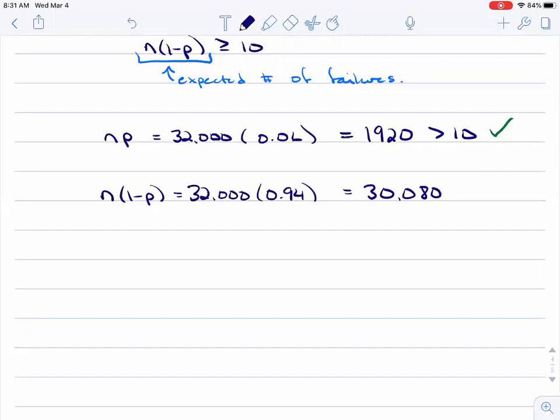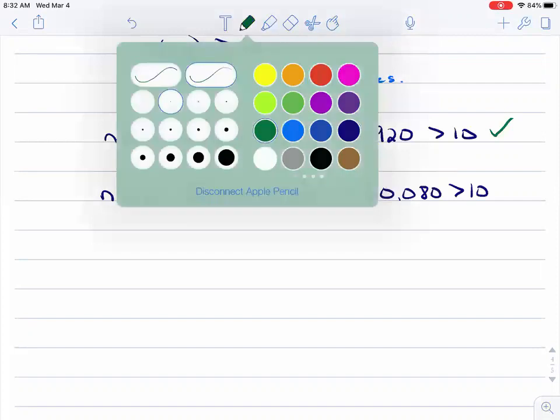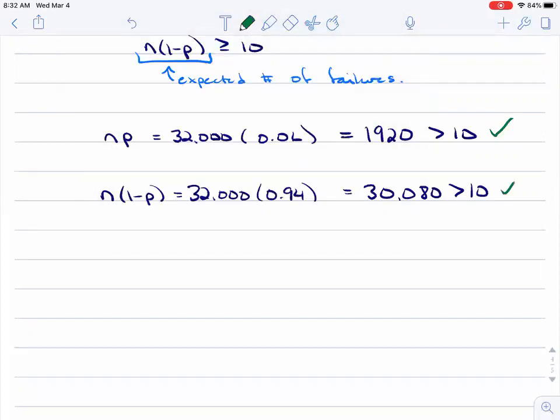Notice that the number of successes plus the number of failures has to equal n, right? That just makes sense. So however you arrive at the 30,080 is up to you, but this is how you should probably do it. You could do 32,000 minus 1,920 if you wanted to.